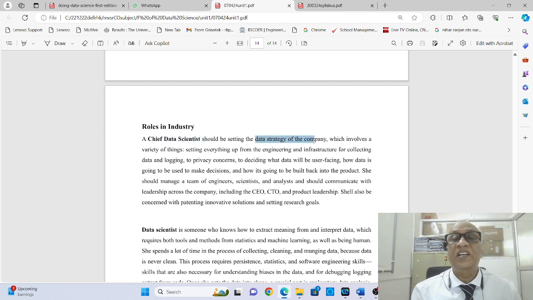He will be defining the data strategy, infrastructure, privacy concerns. He'll decide what data will be user facing, how data is going to be used to make decisions, and how it is used to design the products. A chief data scientist may manage engineers, scientists, analysts, and communicate with leadership including the CEO, CTO, and product leadership. He will also be concerned with patenting innovative solutions and setting research goals.